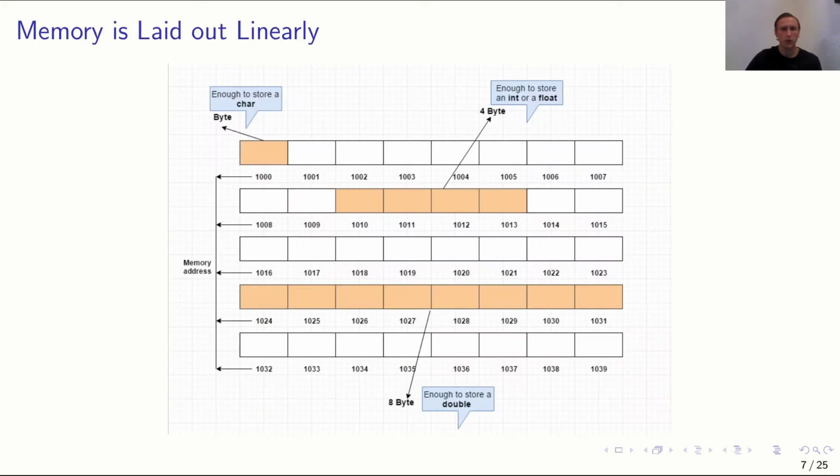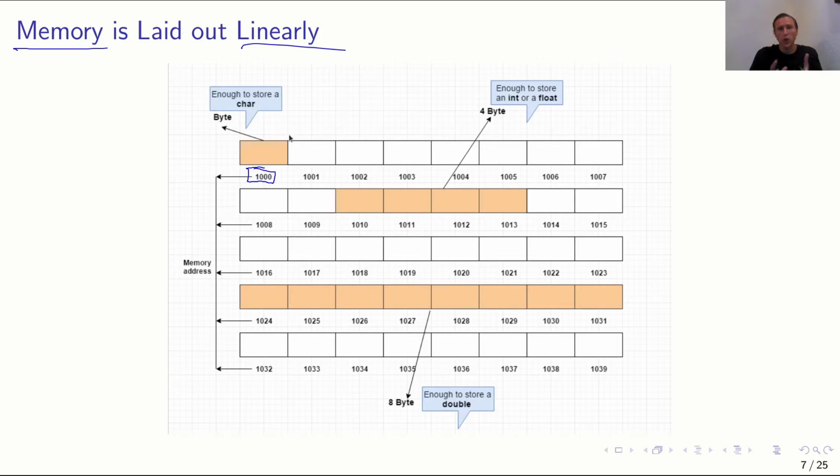Now, before we can establish how sparse matrices are stored, it's important to know what memory actually looks like. So memory in a computer is actually a linear object. That is, it's defined by a single index or address.